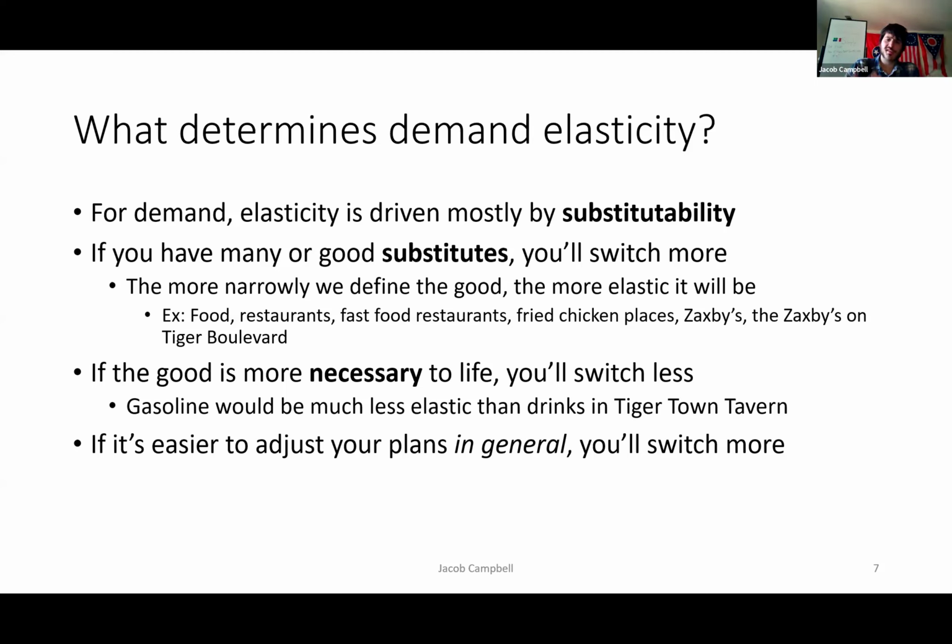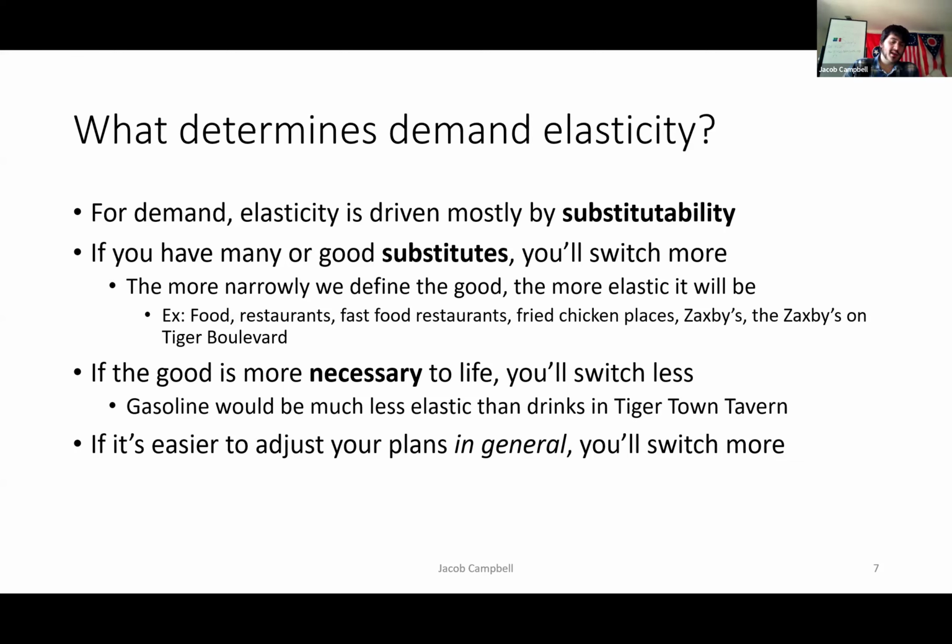The more of a necessity it is, the more inelastic it's going to be. Likewise, the more of a luxury it is, the more elastic it'll be. And if it's easier to adjust your plans in general, you'll switch more, because oftentimes our purchases depend on other purchases. We have a certain rhythm to our lives, don't we?